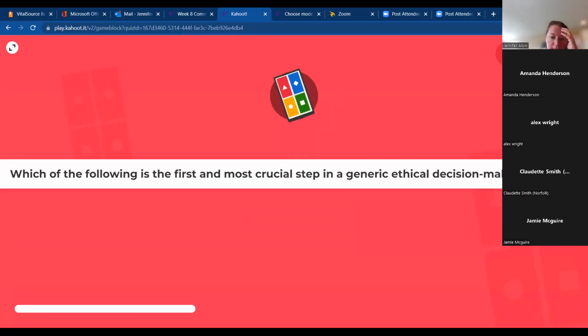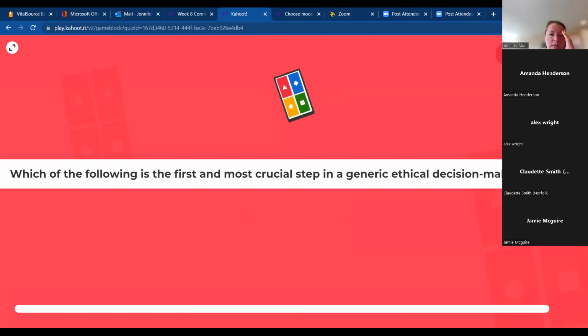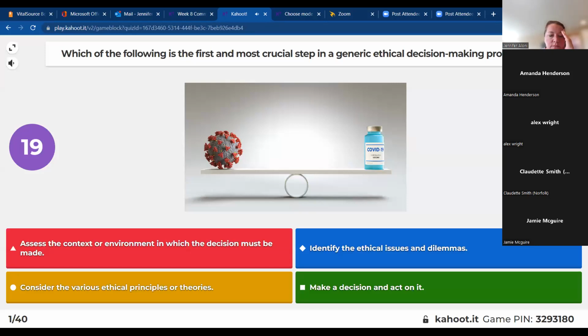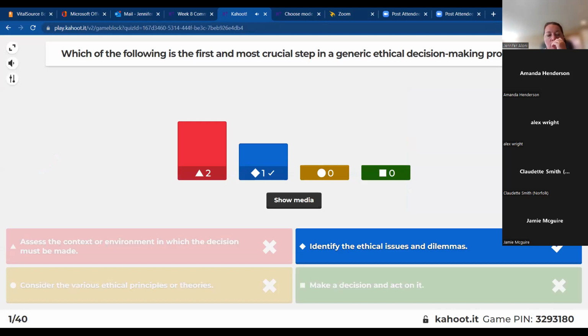Which of the following is most crucial in a generic ethical decision-making process? Remember that first step we talked about? What's the first thing you have to do when you're making this decision? Oh, no. All right, only one of us got this.